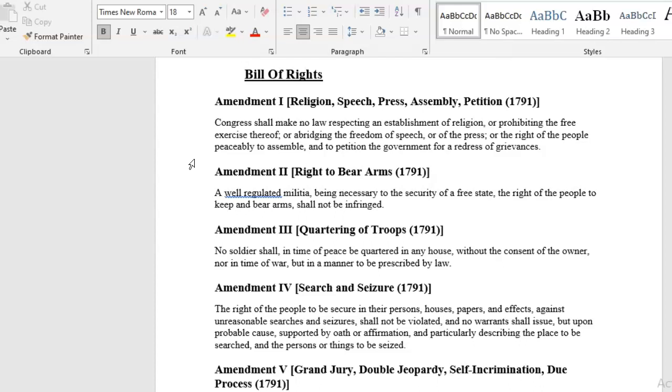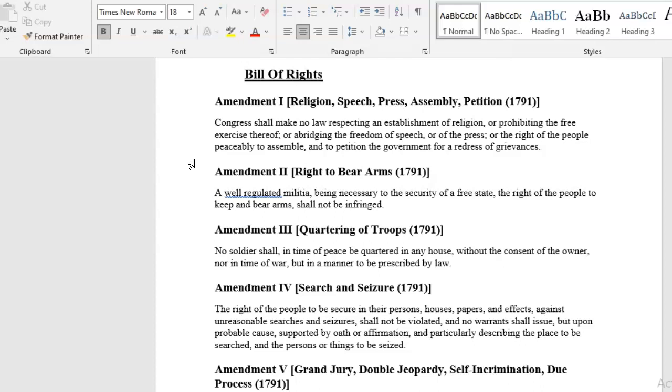Our Third Amendment, quartering of troops. No soldier shall, in time of peace, be quartered in any house without the consent of the owner, nor in time of war, but in a manner to be prescribed by law.